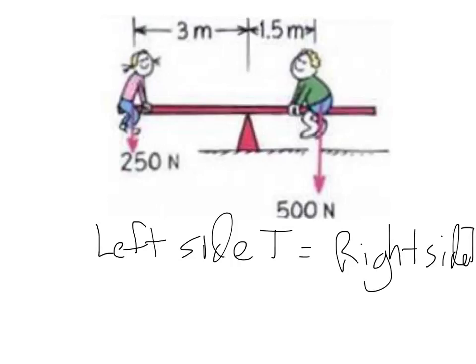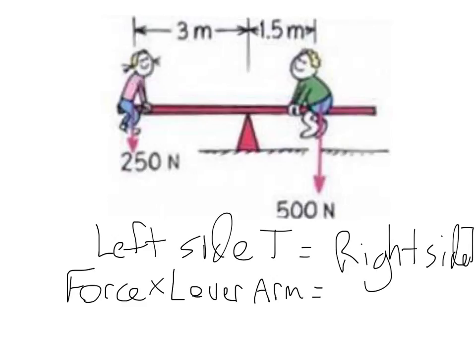And if that's true, then we can say that the force times the lever arm on the left side would be equal to the force times the lever arm on the right side.